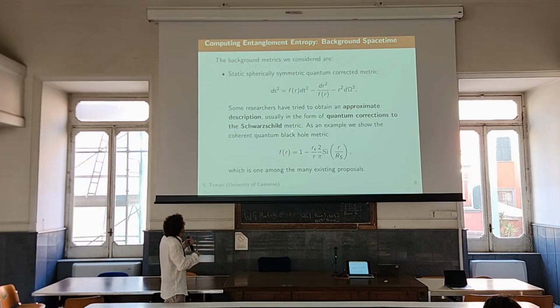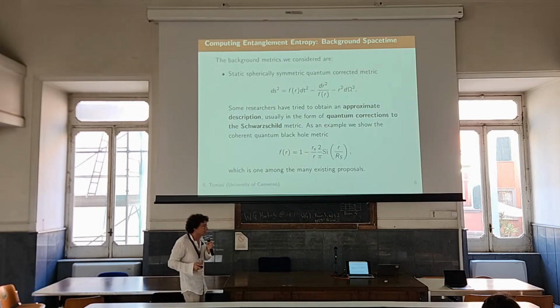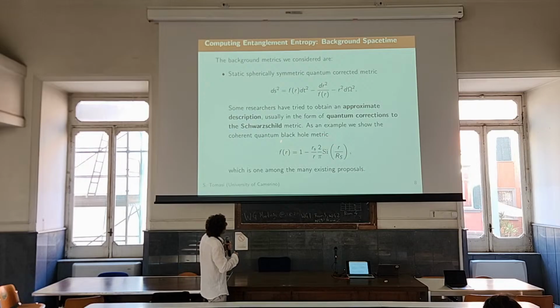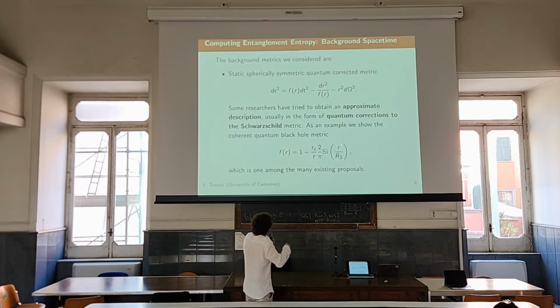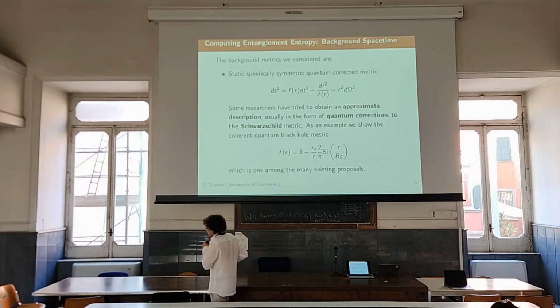For example, we considered the coherent quantum black hole metric from Casadio, and they proposed this modification to the standard Schwarzschild lapse function, introducing this term. They have a nice paper where you can learn how this came up.